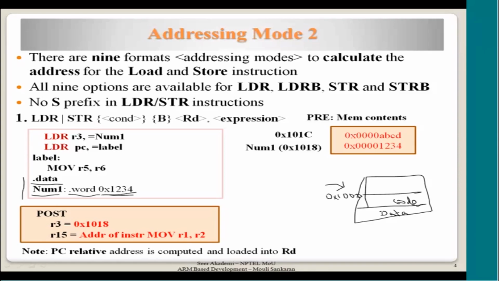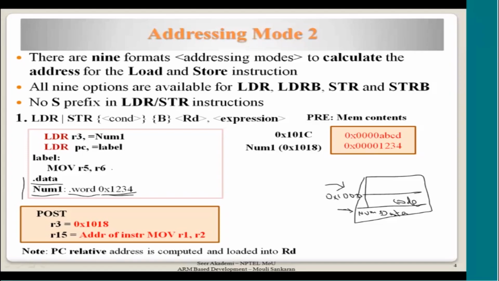So now the code will be here. After the code you have put .data and then num1. So the simulator is free to use any area to locate this variable num1. It has to do with the internal organization of the simulator and what the loader is doing before loading the program into memory for it to run.